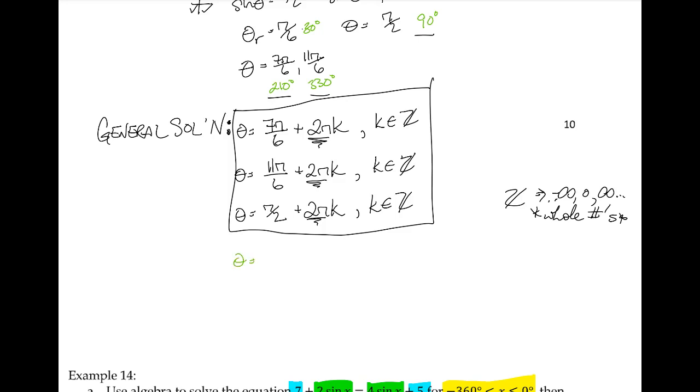So I could have also written it as 210 degrees plus 360 degrees times k, and theta equals 330 degrees plus 360, again a full revolution, and 90 degrees plus a full revolution times k. And we have to stipulate that k has to be a whole positive or negative number, so it has to be an integer.